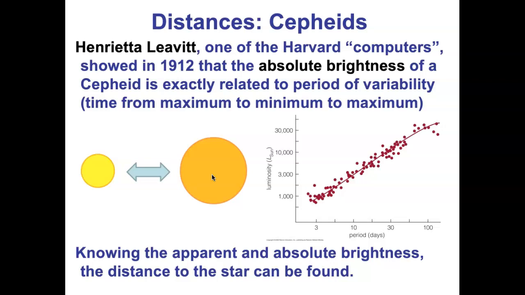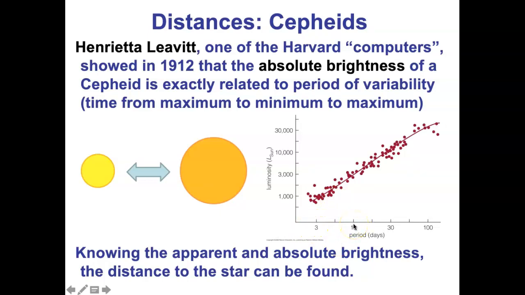Henrietta Leavitt was one of those women working at the Harvard Observatory in the early 20th century, and she accomplished a lot of things. But one of the big discoveries that she did on her own, sort of in her spare time, is that she found a whole bunch of Cepheid variables, and she noticed that they don't all pulsate with the same period.